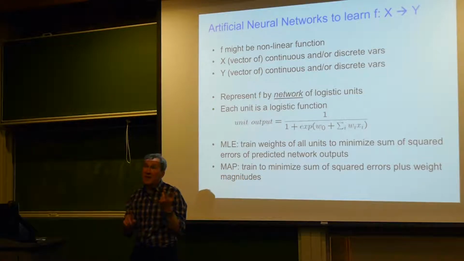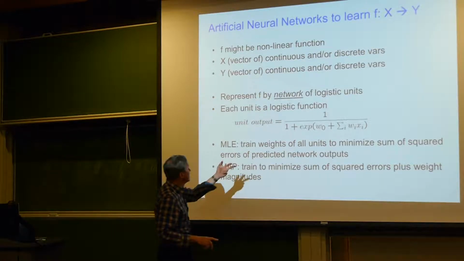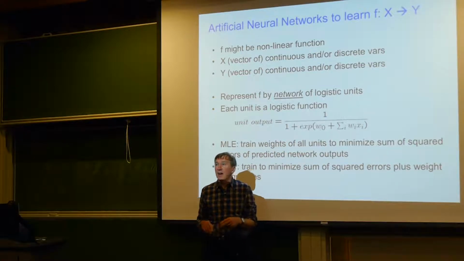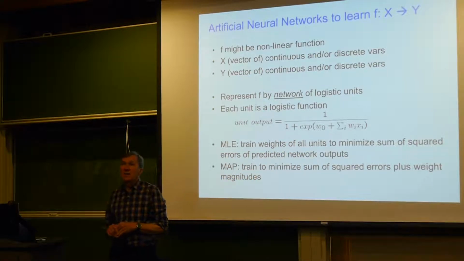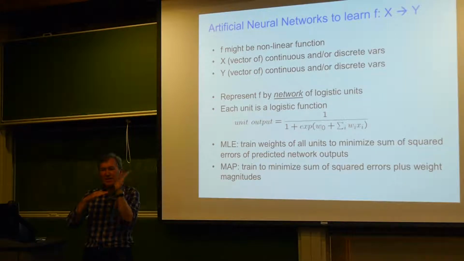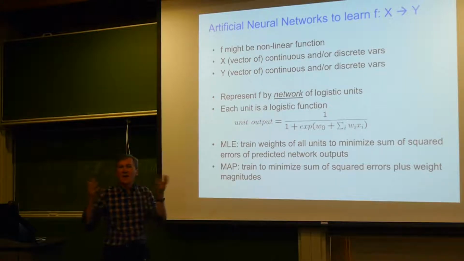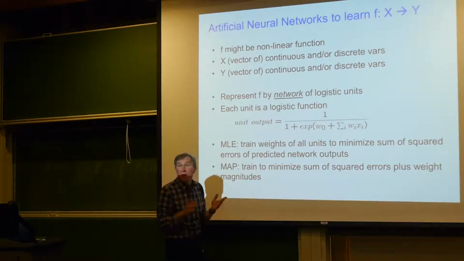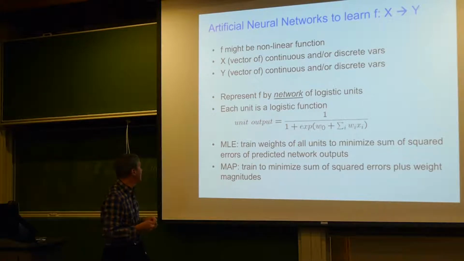Some people use linear functions. Some people use these threshold logistic functions. Some people use simple linear functions that, if they go negative, just output a 0. And so there are all kinds of experimentation and research going on these days.